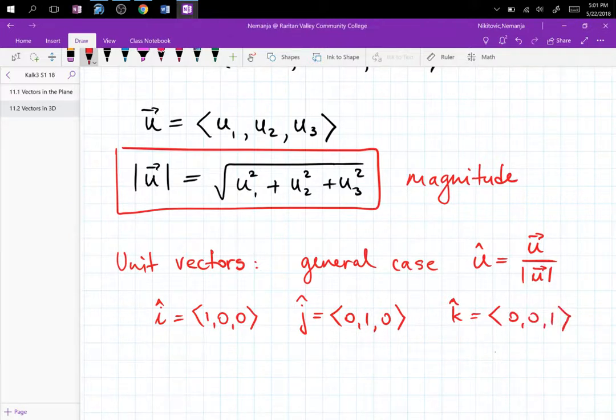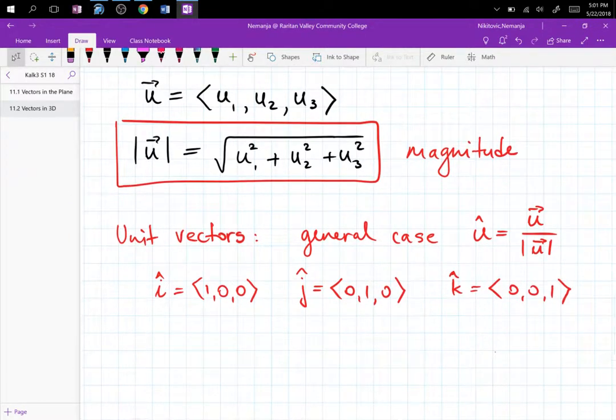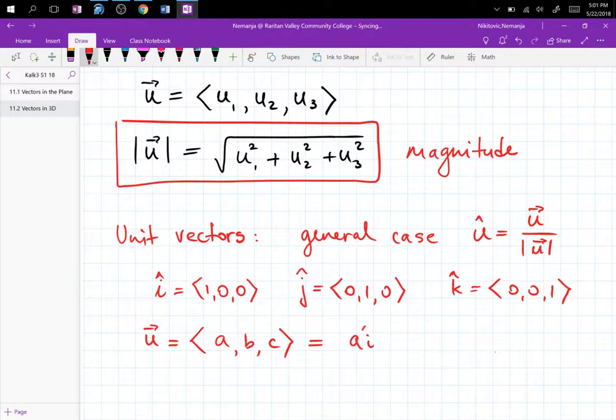So these are the three vectors which allow us to write that vector u, which we could have as a, b, c, let's say. We can write that as a i hat plus b j hat plus c k hat. So we can use either one of the two notations.